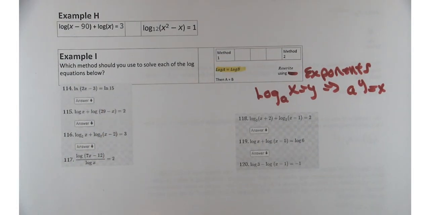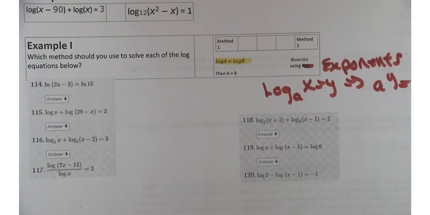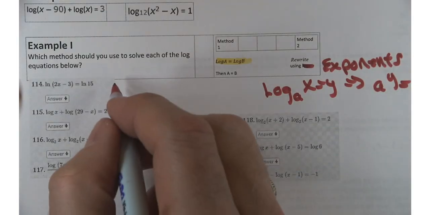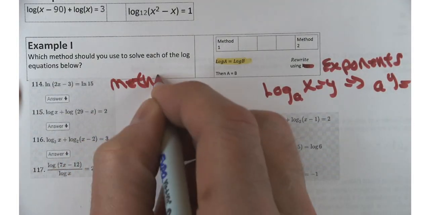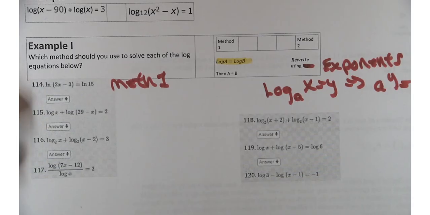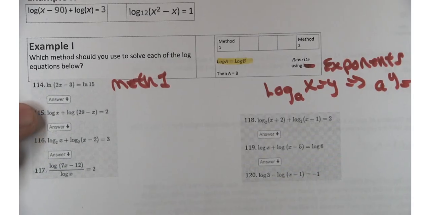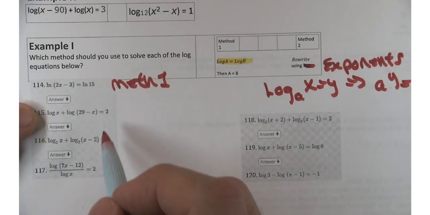Is the first one a method 1 or method 2? Yeah, that's a method 1 problem. How about the next one? Method 1 or method 2? 2, because this is not part of a logarithmic term.